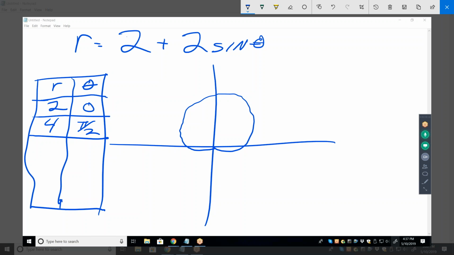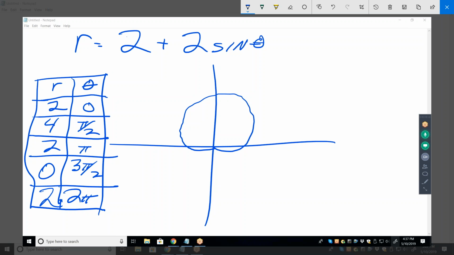Then pi, which gives you an r of 2. And then 2 more, 3 pi over 2 and 2 pi. The 3 pi over 2 gives you an r of 0, and 2 pi gives you an r of 2.